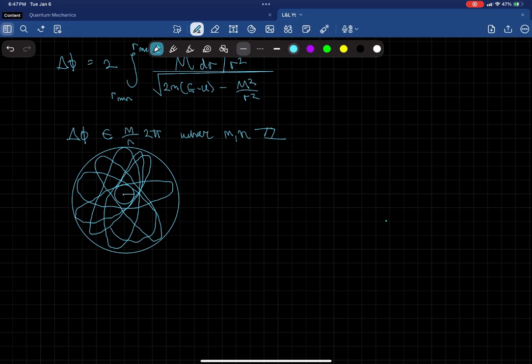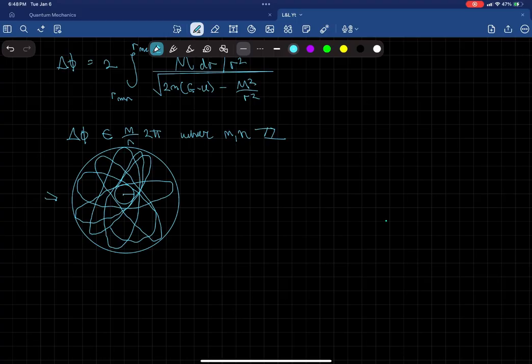A fall of the particle to the center of the field is possible only if the potential energy tends sufficiently rapidly to negative infinity as r approaches 0. So for it to reach the actual center, our effective potential energy would have to decrease rapidly to negative infinity as r approaches 0.